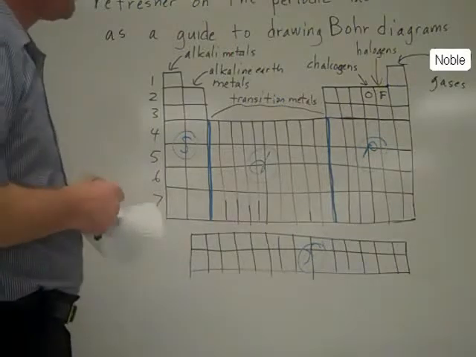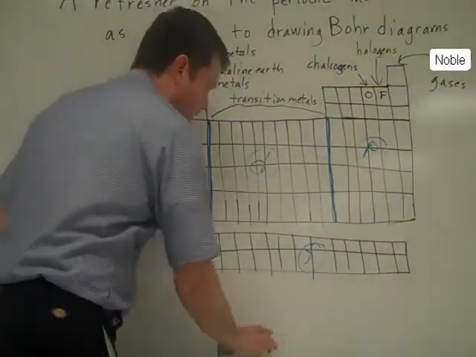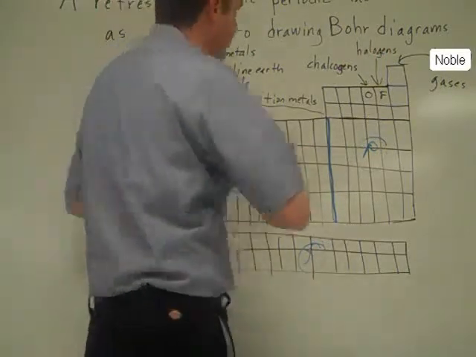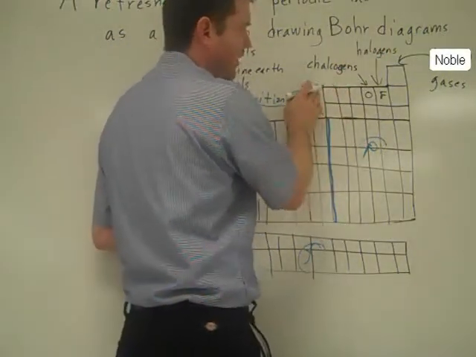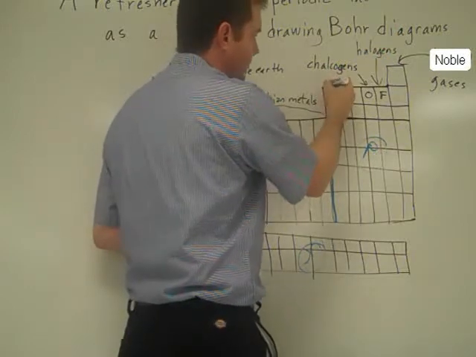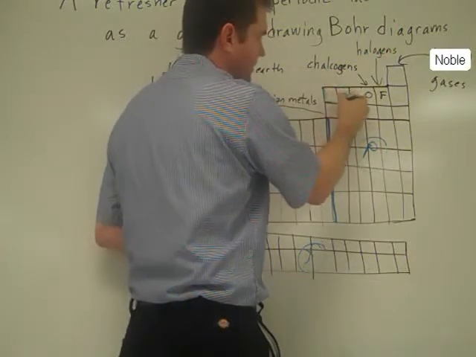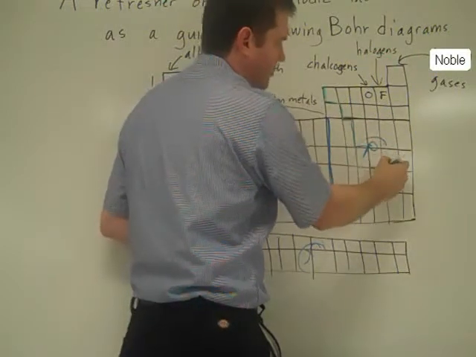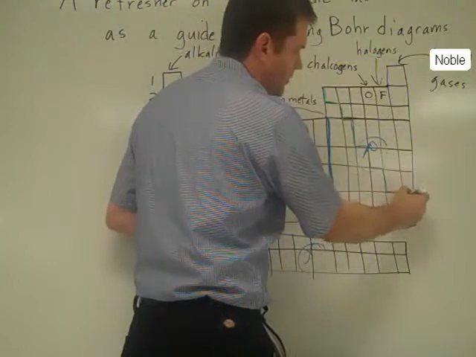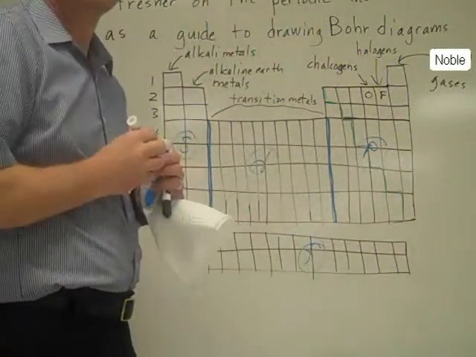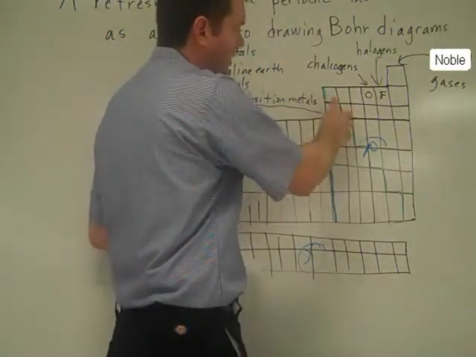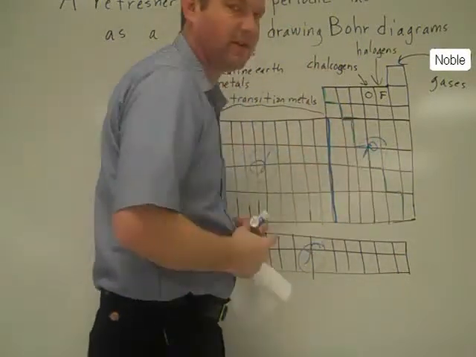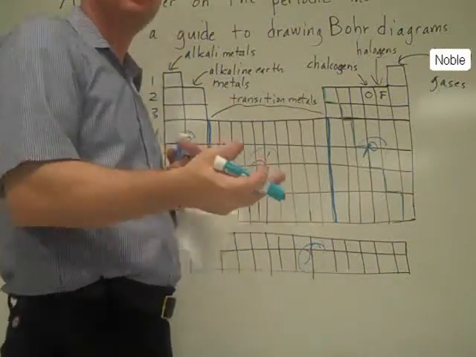Another important feature I'd like to point out is that there is a staircase shown many times on periodic tables, and it starts from the upper left part of this shoulder here, the beginning of the P section, and it goes like this. What it's doing is dividing between metals and non-metals on the periodic table. Sometimes people refer to the elements whose boxes share sides with that staircase as metalloids because they're kind of in between.